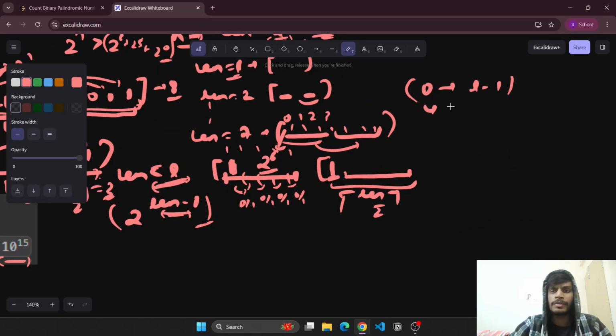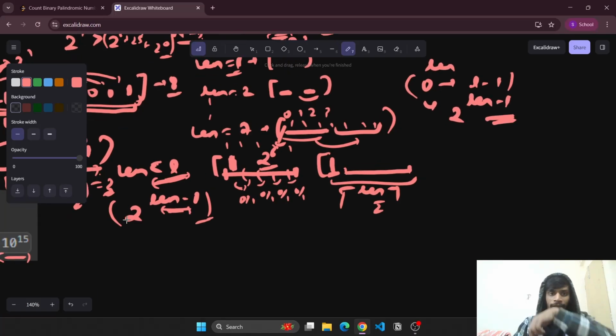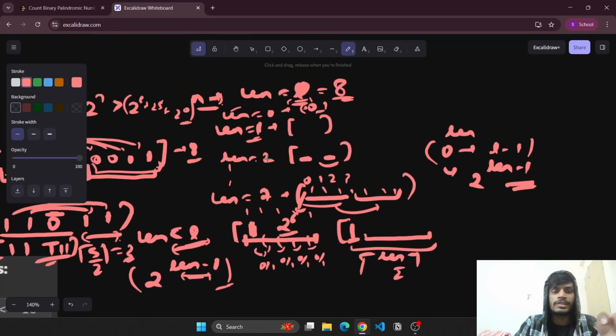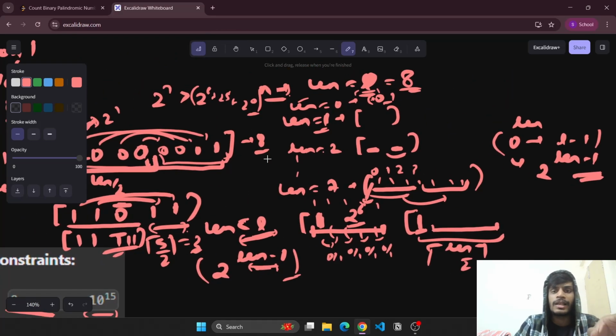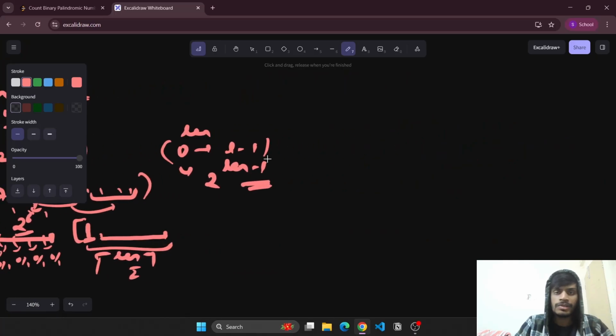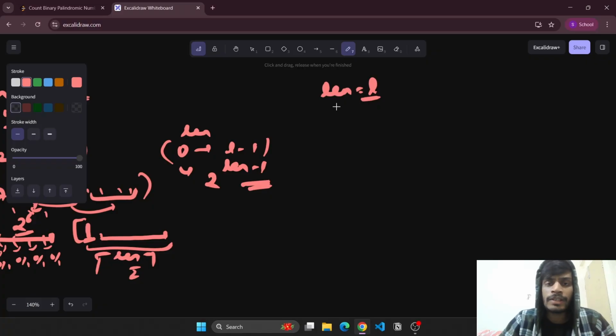So this is what we will do for all lengths from 0 till L minus 1. For all of these it will simply be 2^(length minus 1). Now what about the case where we try to construct the strings which have the same length as our given n? In that case we need to make some observations.